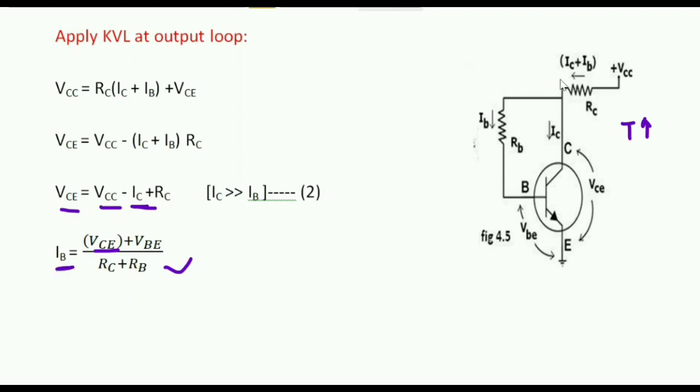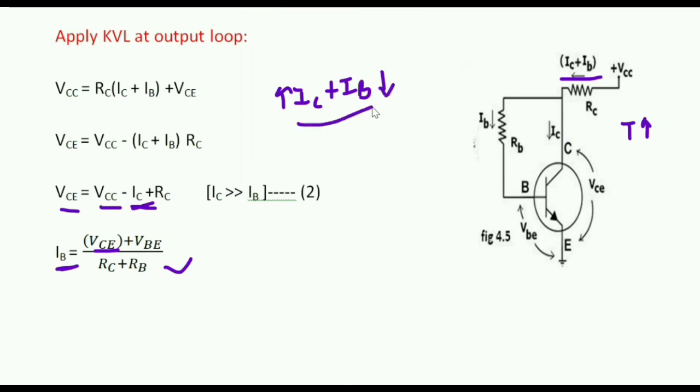We have seen that the IC plus IB value is constant, and if the IC increases, then IB is going to decrease.